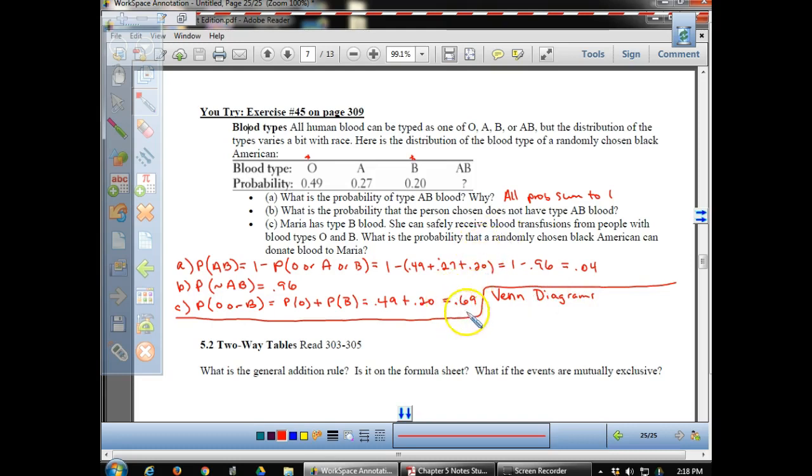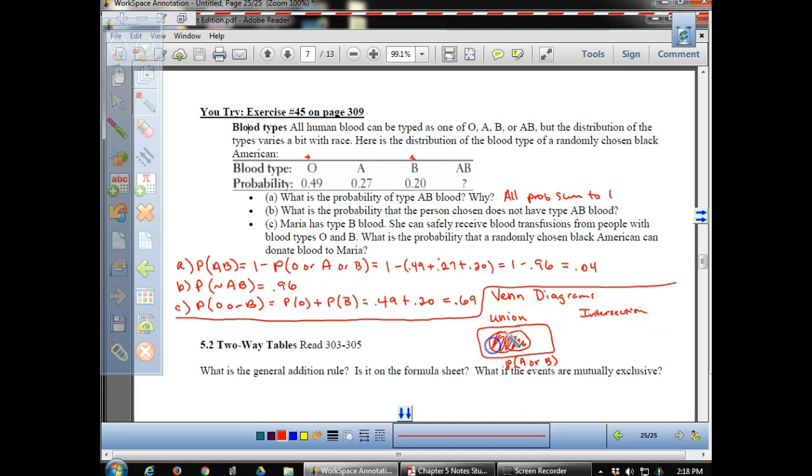So I want to make sure you remember that if you have a union, that will be the probability of A or B, and that means all of this including the intersection is shaded. And then I also have an intersection.